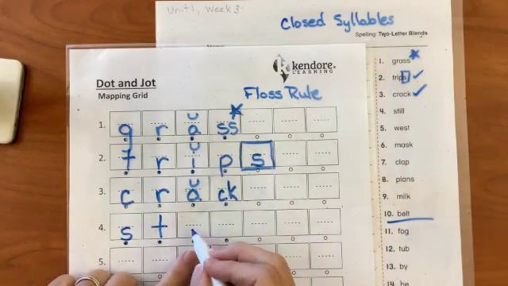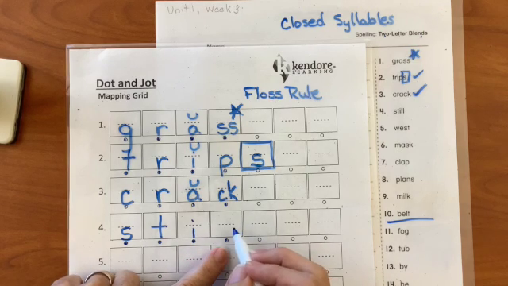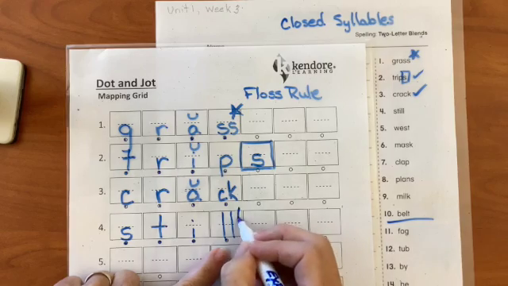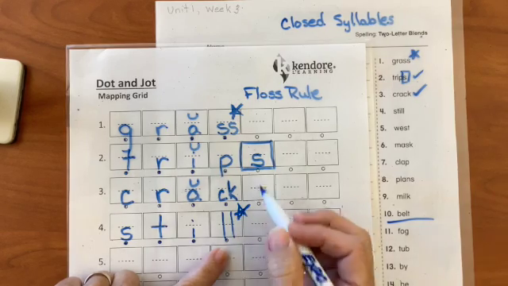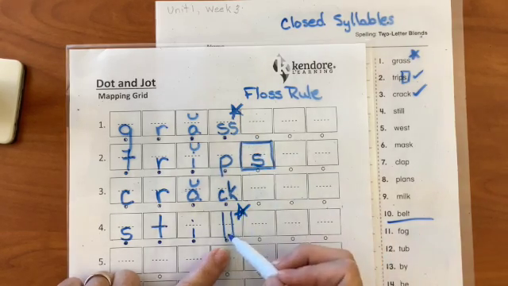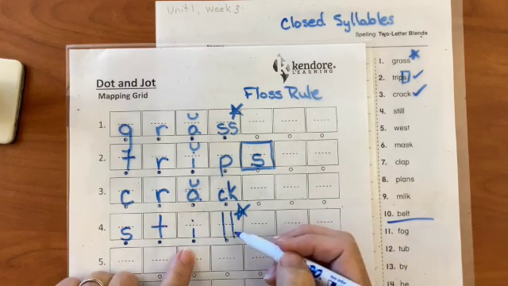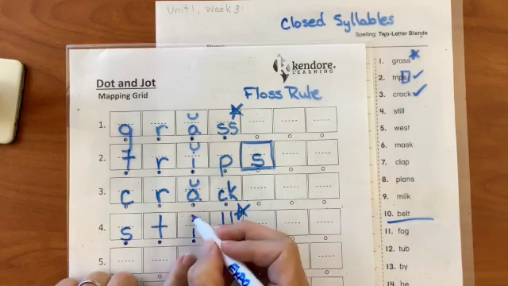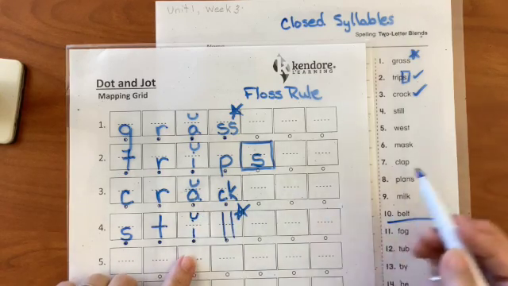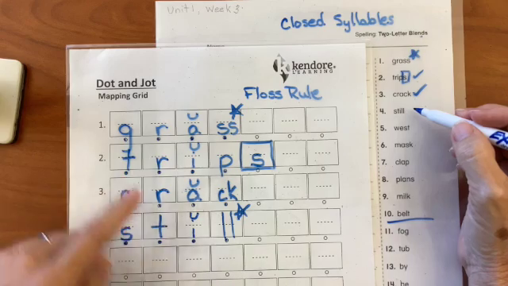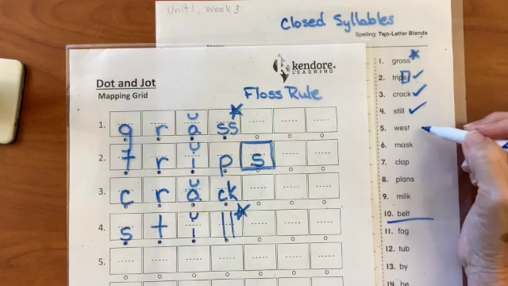St, i, and I'm going to put my LL in here because that again is the floss rule, and that means if it ends in an S or an LL after a short vowel sound, we're going to double that letter. That last letter, keep the vowel nice and short. There are other letters that do that as well, but these are the ones in your spelling words this week.